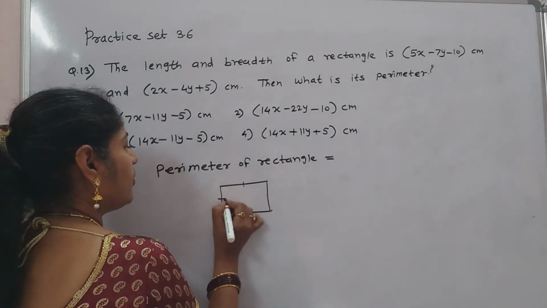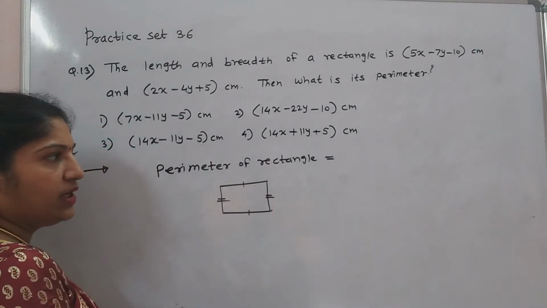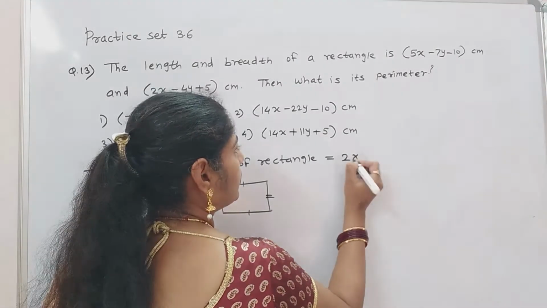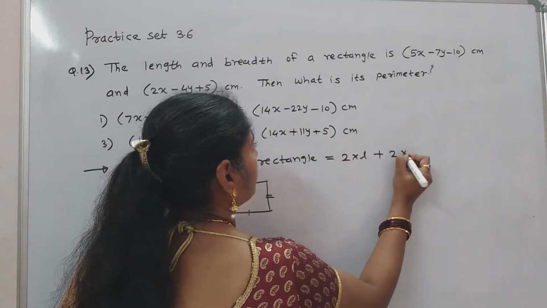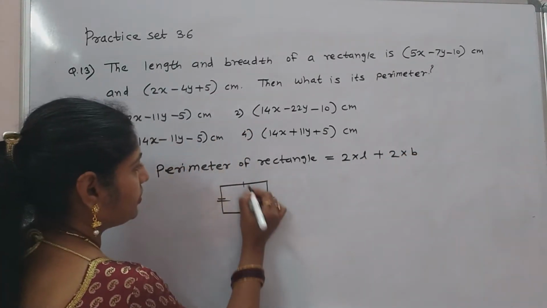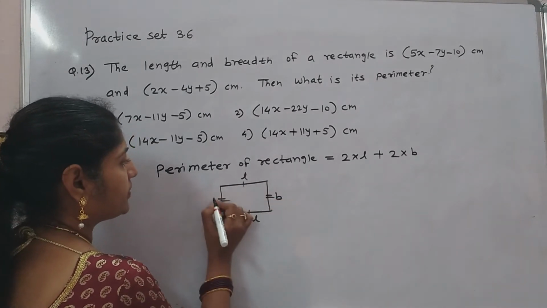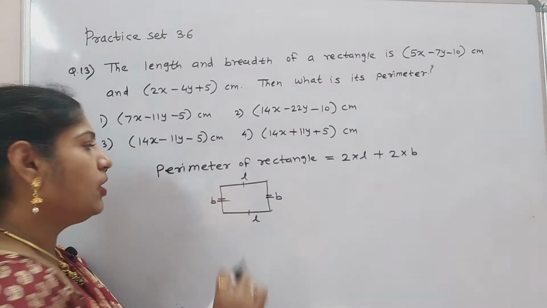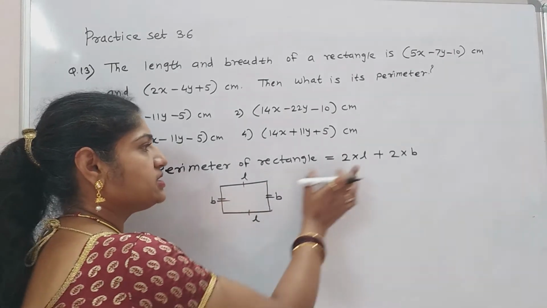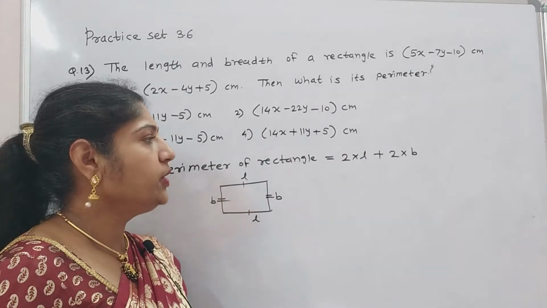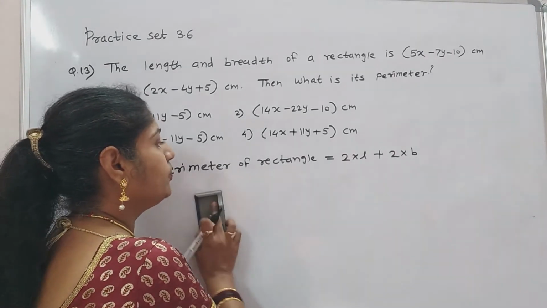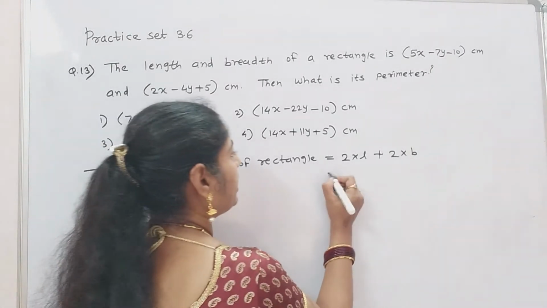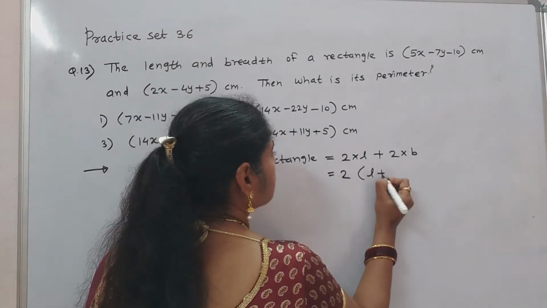And you know that opposite sides are equal in length. So 2 into length plus 2 into breadth. Here is the length, 2 lengths and 2 breadths. The formula is 2 into length plus 2 into breadth, or if we take 2 common, 2 into length plus breadth.